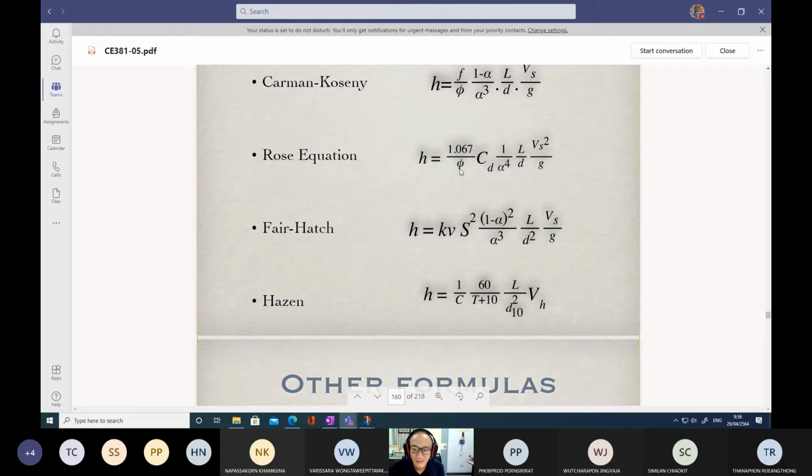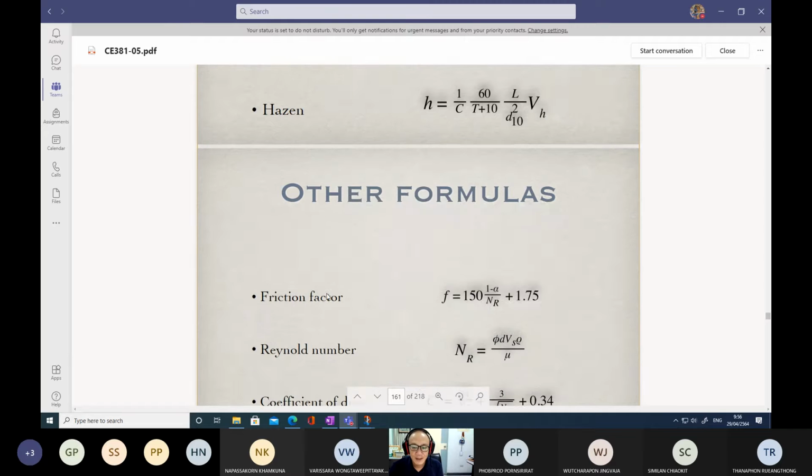You need phi, the coefficient of drag, the porosity, grain size diameter, filtration rate, and of course the thickness of the filter layers.